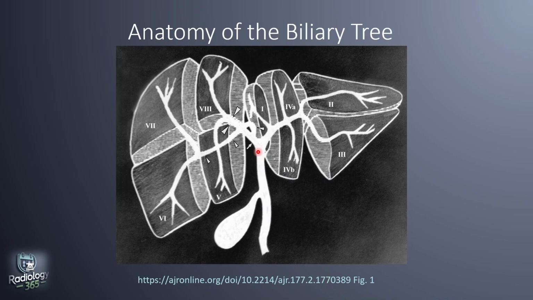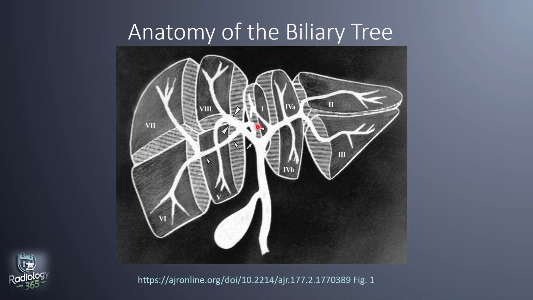If you notice, the right posterior hepatic duct supplies the posterior segments, that's segment 7 and segment 6, and then this anterior duct supplies segments 8 and 5, which are the anterior segments. And looking at the orientation of the right posterior hepatic duct, it inserts on the medial surface of the right hepatic duct, right? So this is the normal configuration that we should be looking at.